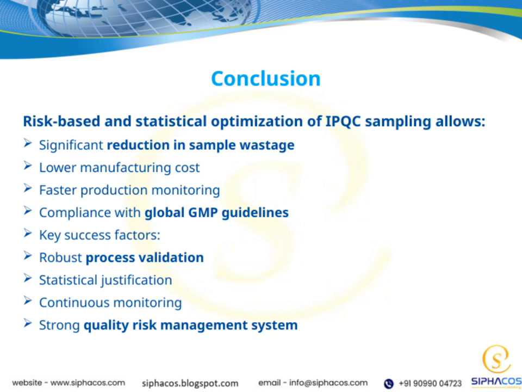And finally, maintaining a strong quality risk management system underpins everything, ensuring that quality is integrated into every step of our production. Together, these elements create a comprehensive framework that aligns with our overall goal, delivering high-quality products efficiently and consistently while adhering to the highest standards.